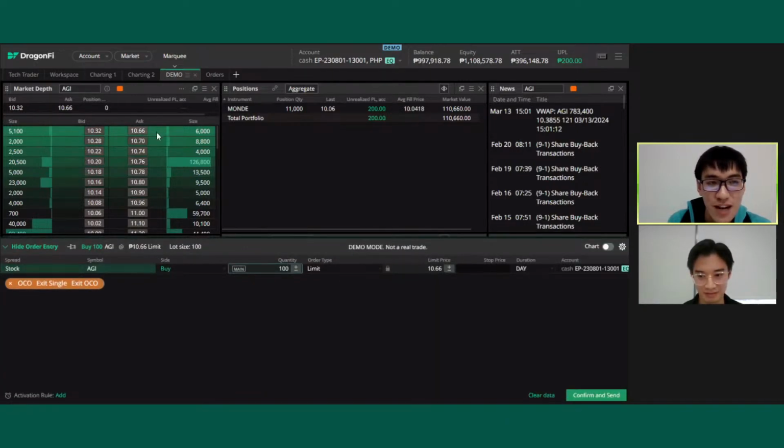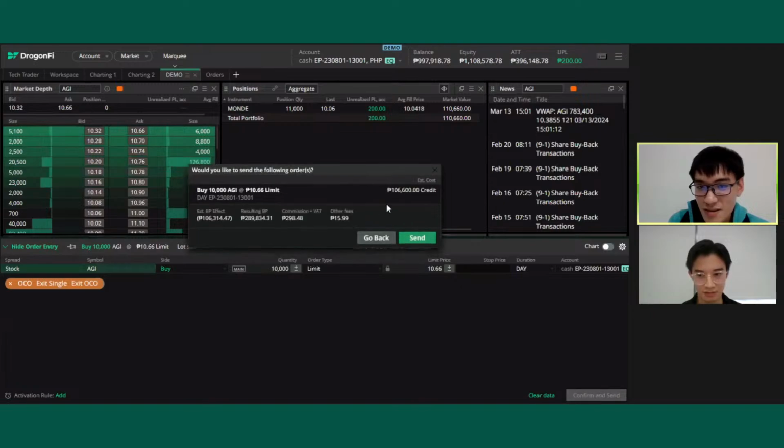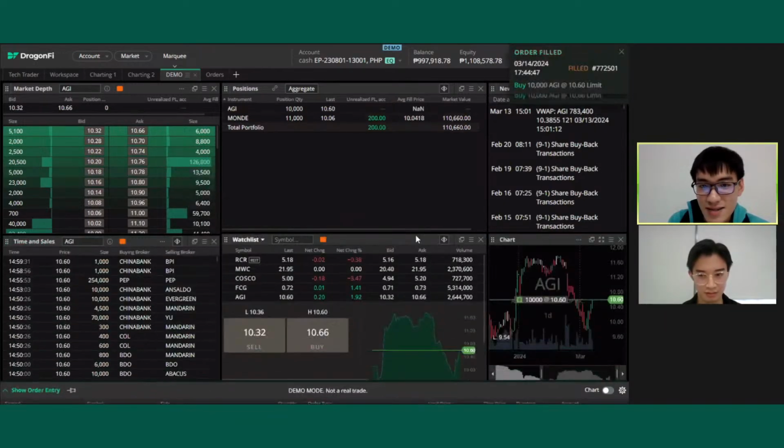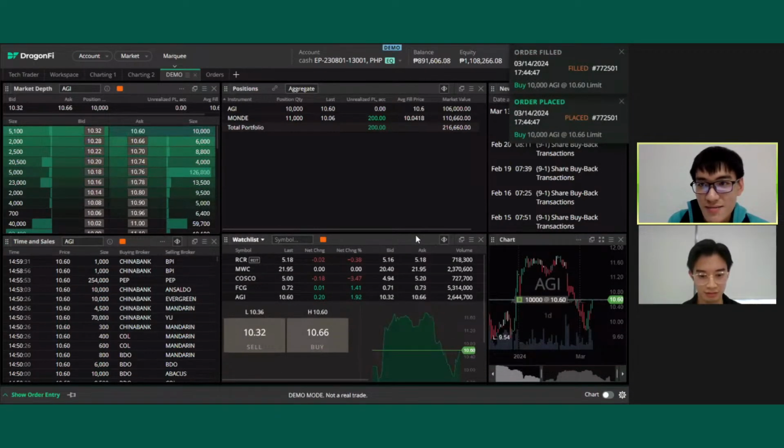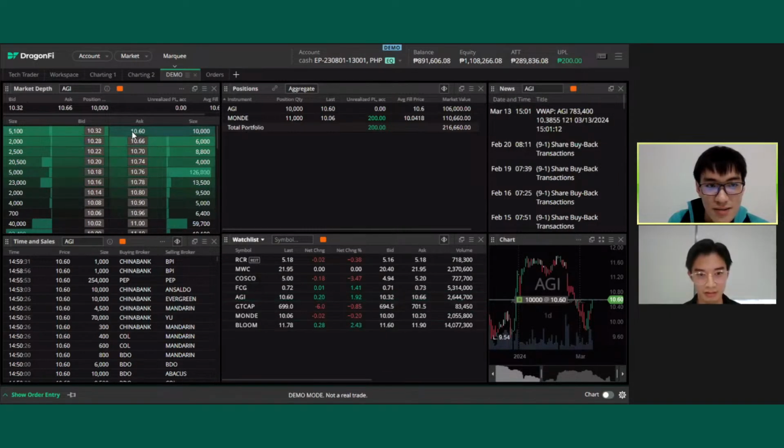So let's say you want to buy here, 10.6, you buy it now. So just input your position size, right? Then you execute, right? So buy. There. So it should be filled already, basically.